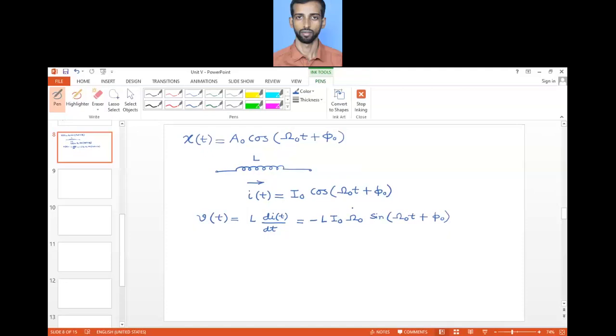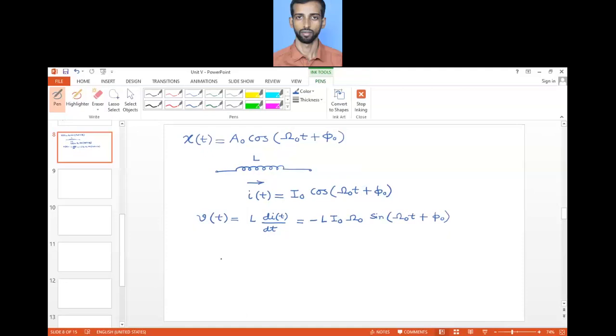The frequency remains the same, that is omega naught, the angular frequency, plus phi naught. The minus sign outside can be taken into consideration, and ultimately we get a sinusoid with the same frequency but a different phase.